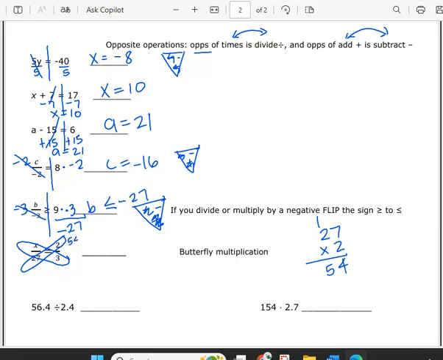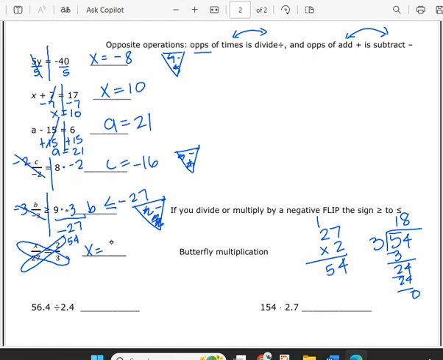So one number times 3 can give you 54. Go ahead and divide. 54 divided by 3, that is 1, subtract 2, 4, then 8 times 3 is 24, and we're done.